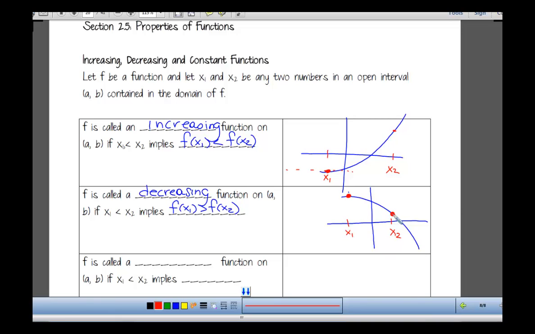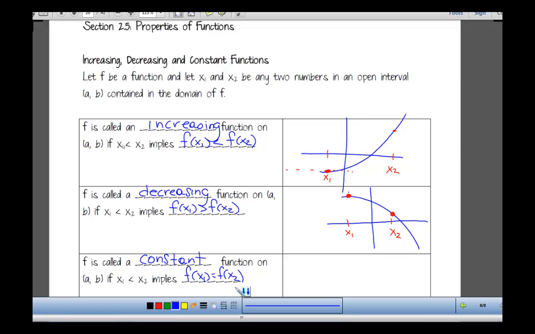Okay, and you don't have to worry so much about the pictures, but what you do want to understand is what increasing looks like, what decreasing looks like, and finally what a constant function looks like. Okay, f is called a constant function on a to b if x1 less than x2 implies f of x1 equals f of x2, for every value in the interval.